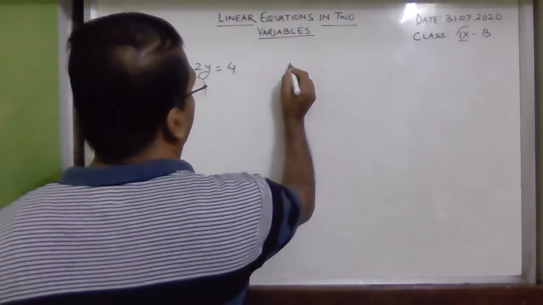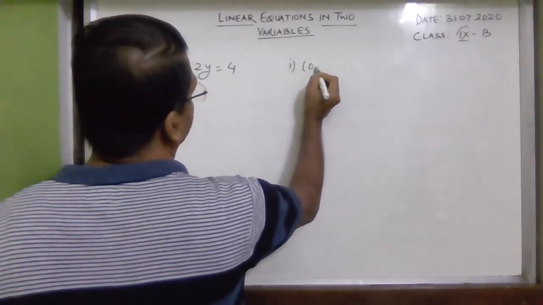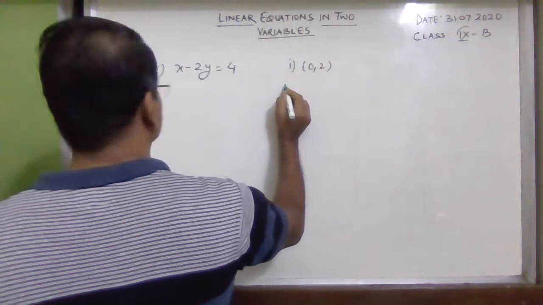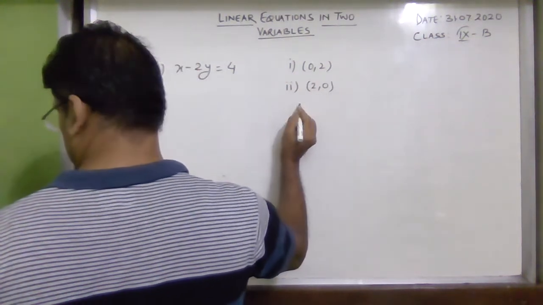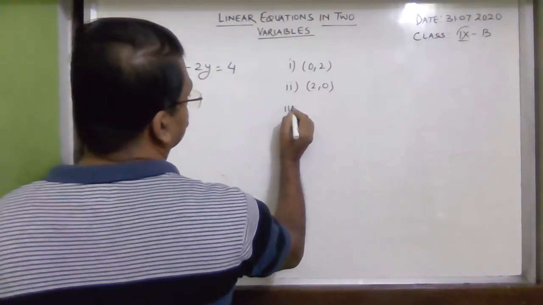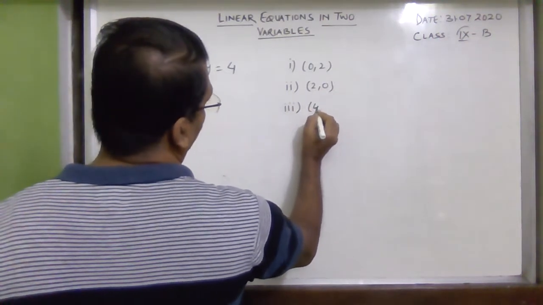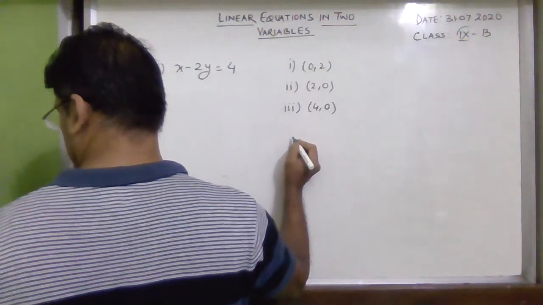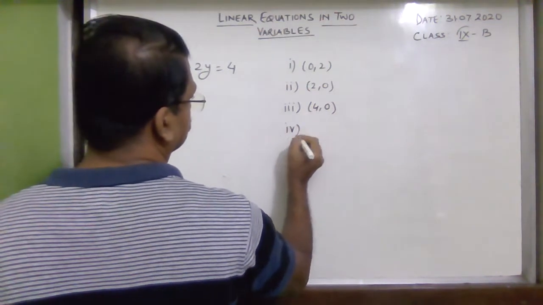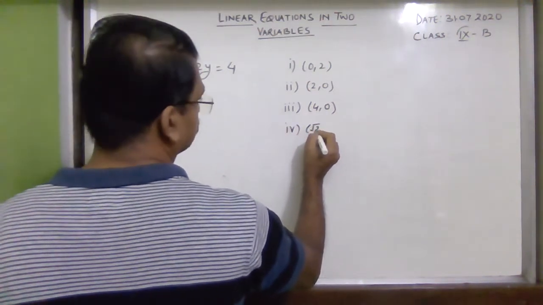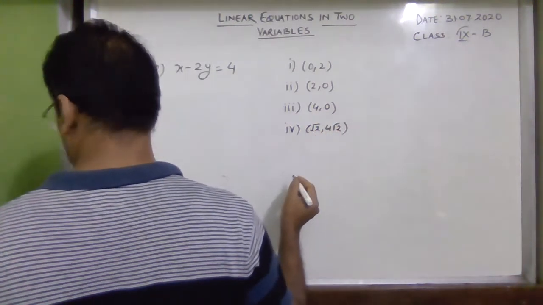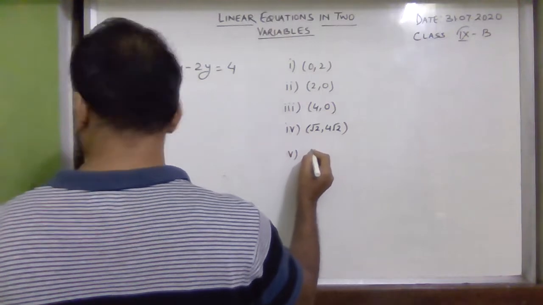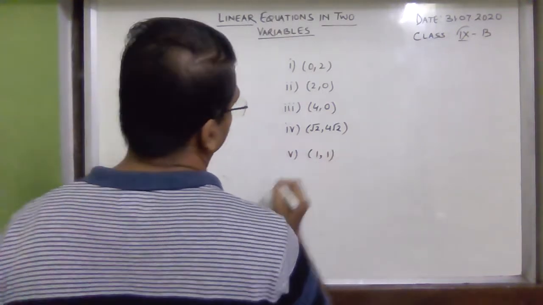The solutions are 0, 2; 2, 0; 4, 0; root 2, 4 root 2; 1, 1.